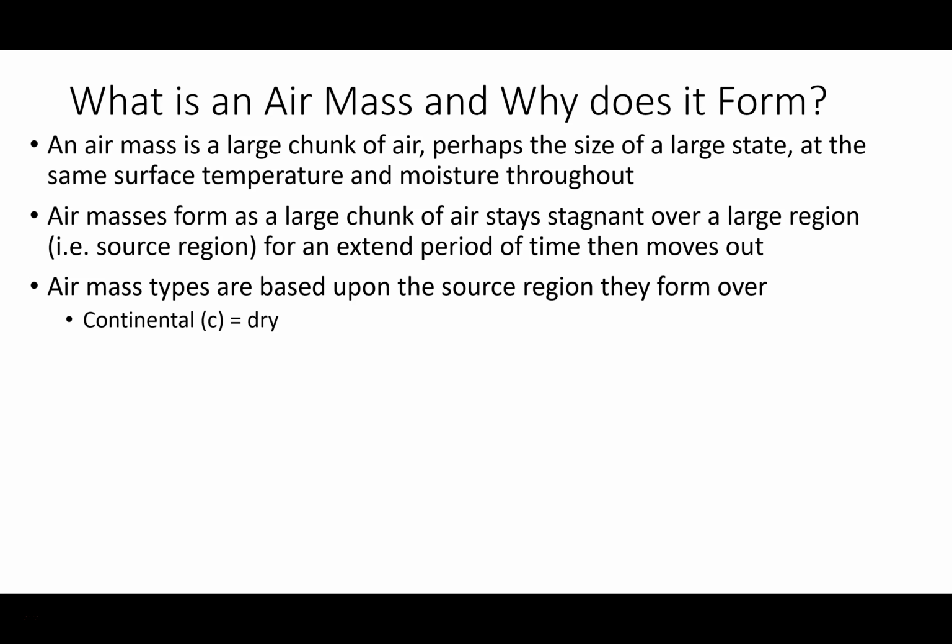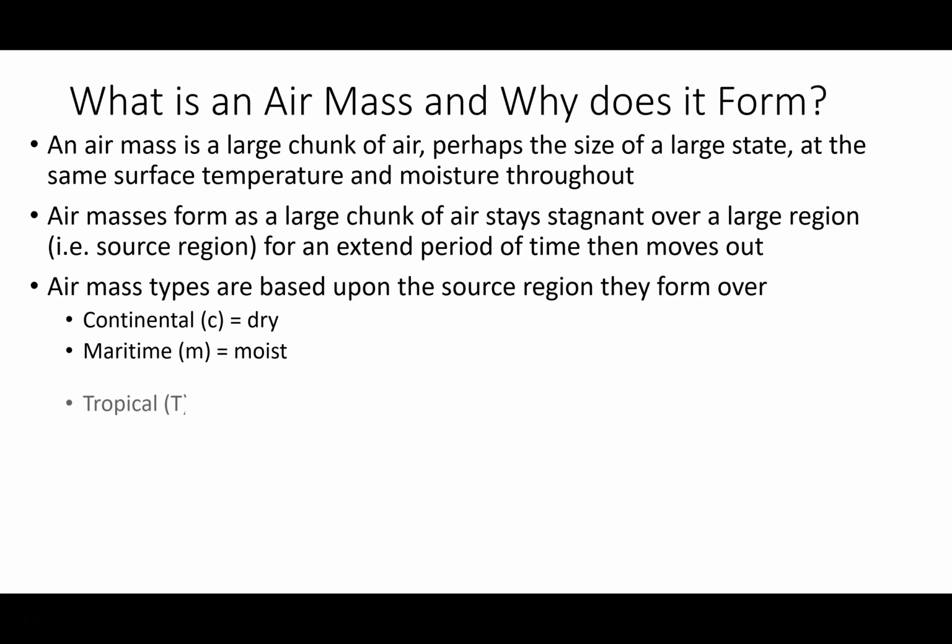A continental air mass is a chunk of air that stayed over a continent, and that continent isn't a large body of water, so it's relatively dry. Maritime, a lowercase m, is this example here. If the air stayed there long enough, it would take on the characteristics of being warm and moist. So those are two options for moisture.